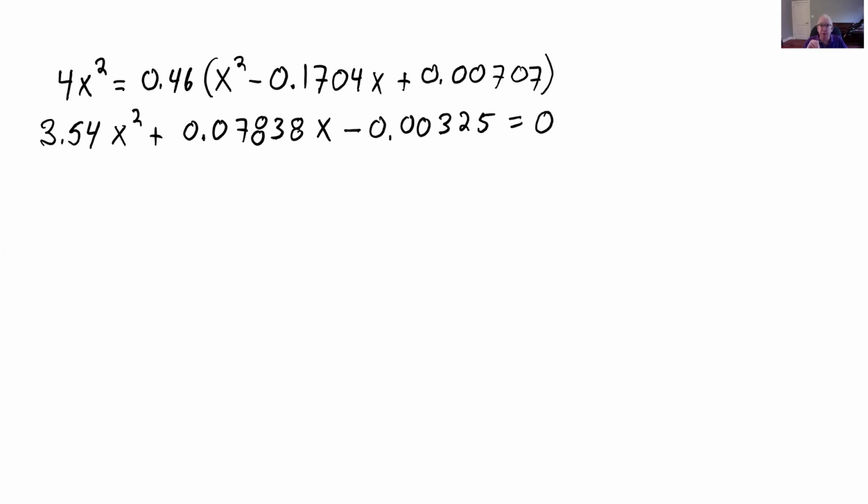I put that into the quadratic formula, and I'm not going to write out all the quadratic formula solving steps, but I will tell you that when I did that, I got x equal to 0.0212, and the second root is minus 0.0433, right, of those two roots.